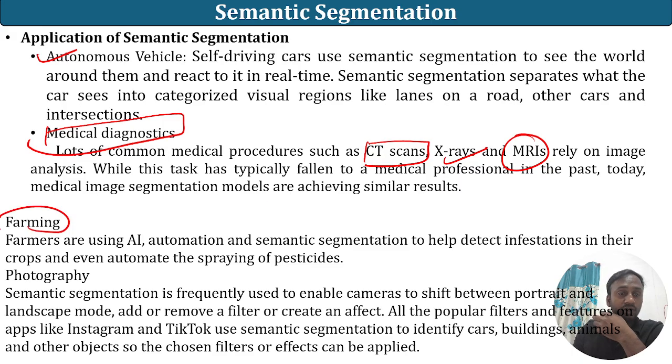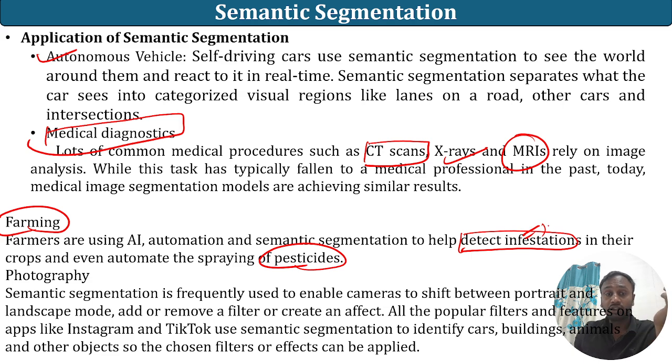Even in farming we can use it, with AI for automation, like detecting infestation and automating the spraying of pesticides, and we can do continuous monitoring also. Farming is becoming fully AI regulated now. Even with photography we can use it, like landscapes and all that you can see around you.